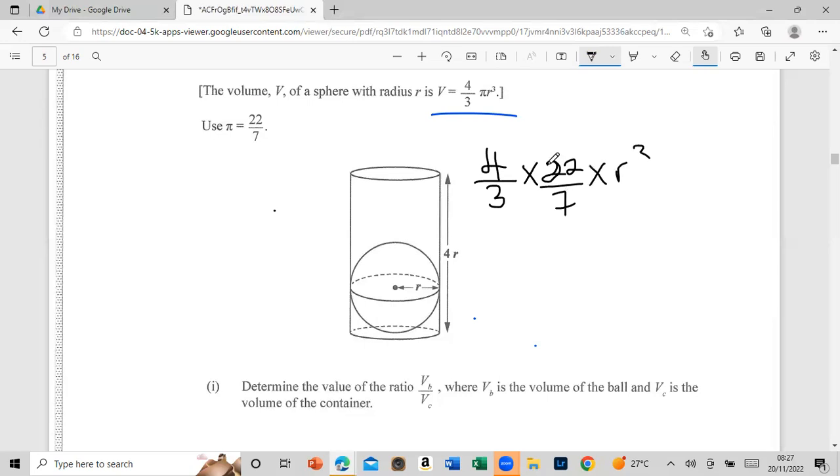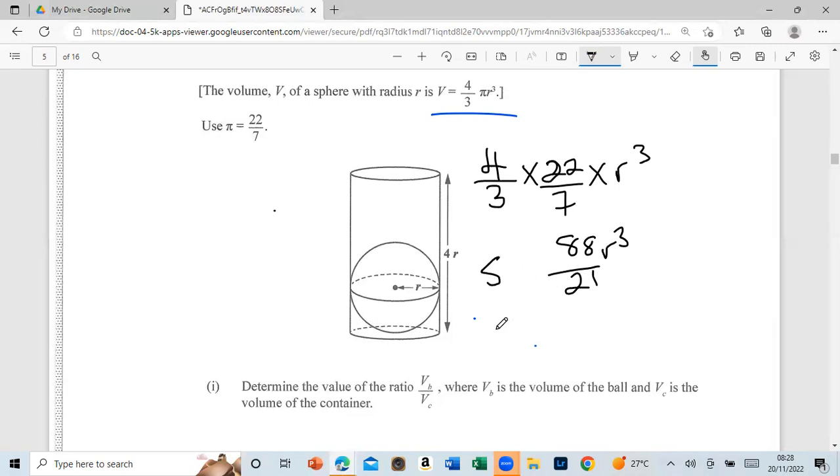All we have to do is work this out. So 4 times 22, that's 88, and 3 sevens are 21. So this would be our first mark, and this is for the sphere. We can call it VB.